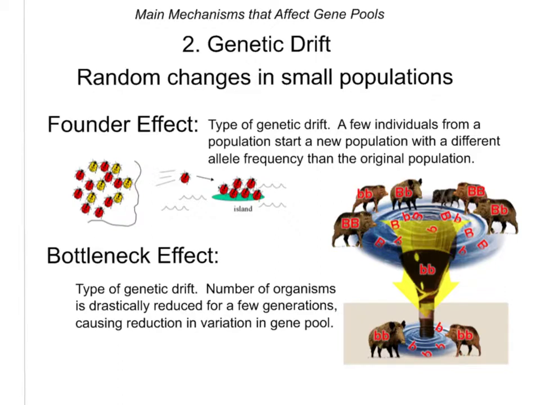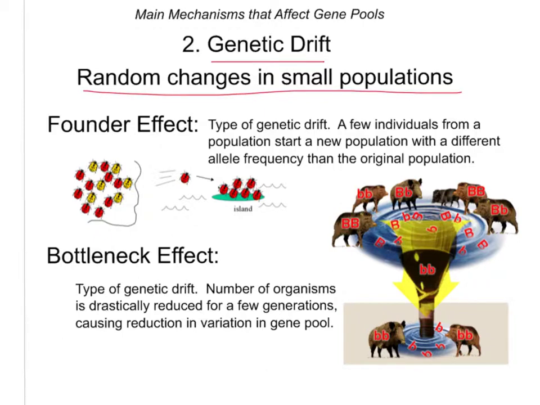Number 2, genetic drift. That's something we haven't talked about yet. What is genetic drift? Genetic drift is simply random changes in small populations. We're going to look at some different kinds of genetic drift. When we have small populations, random changes can greatly affect the gene pool.